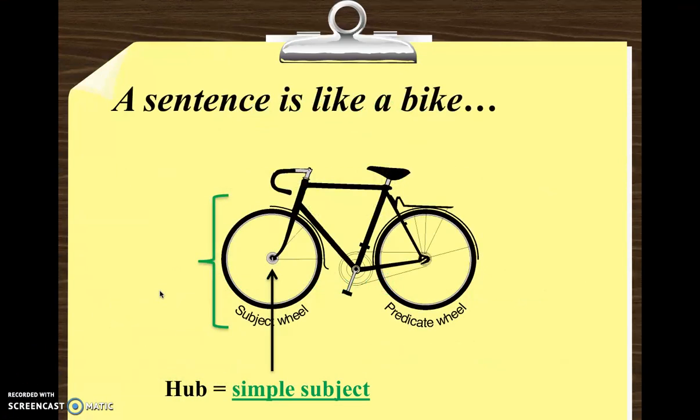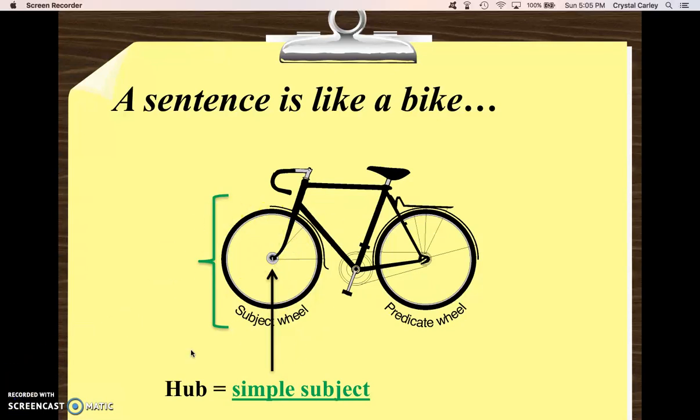So if the complete subject is the entire wheel, then the simple subject is just one component of the wheel, such as the hub, or if you prefer, one of the spokes. Well, the hub is a better comparison because it's the key part. And so there is the simple subject versus the complete subject.